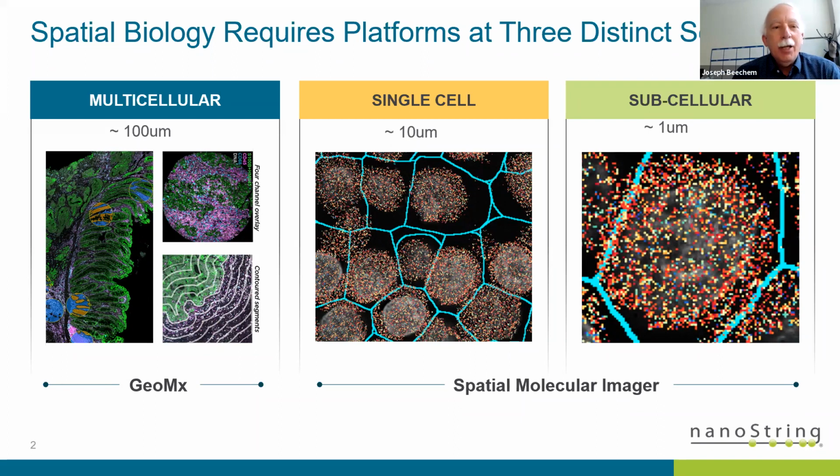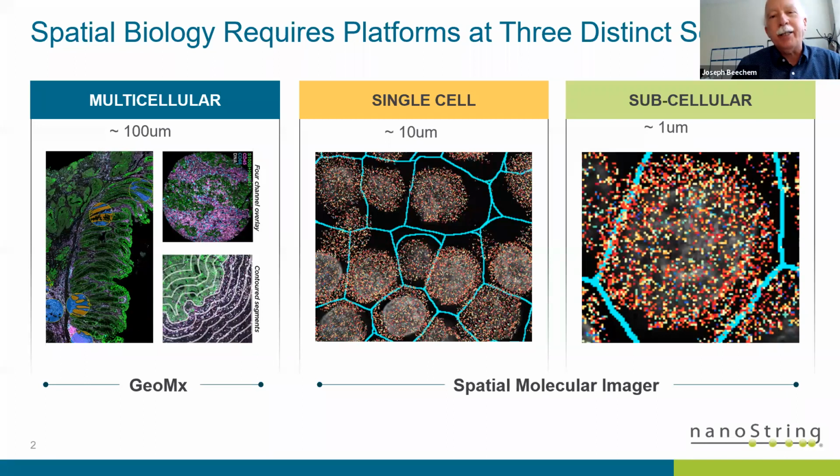It's really good at whole transcriptional profiling on the functional units of organs. Functional units of organs range in size. A single cell doesn't do a function in an organ, but things on the order from about 100 microns up to about 2 millimeters actually do accomplish functions.